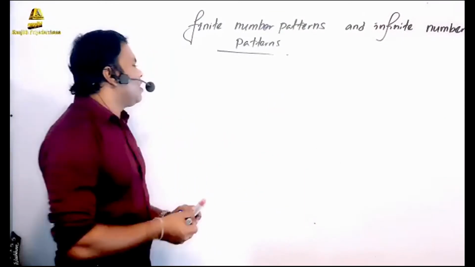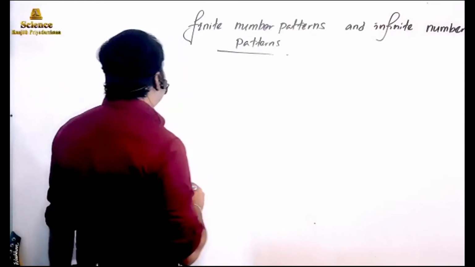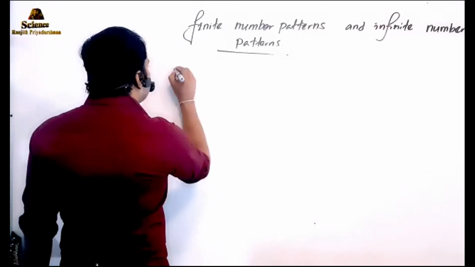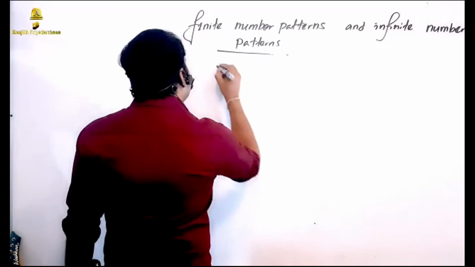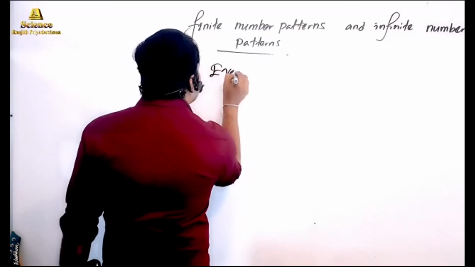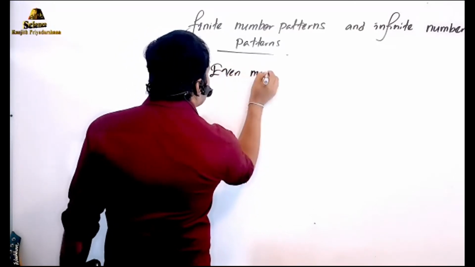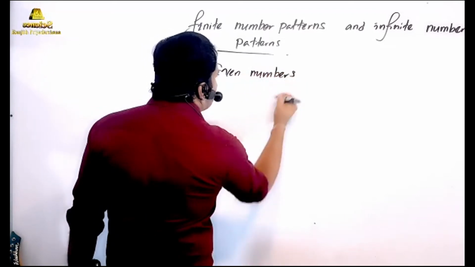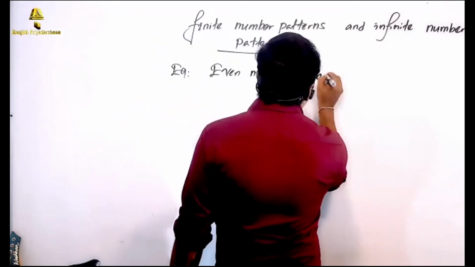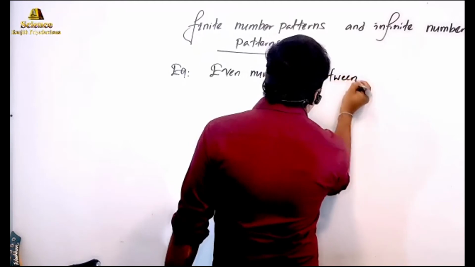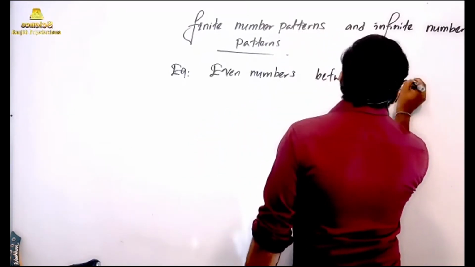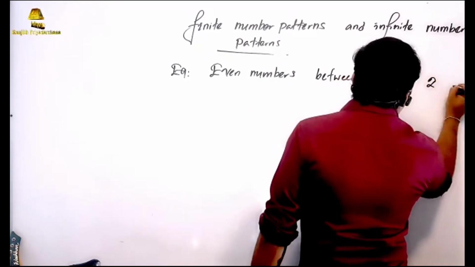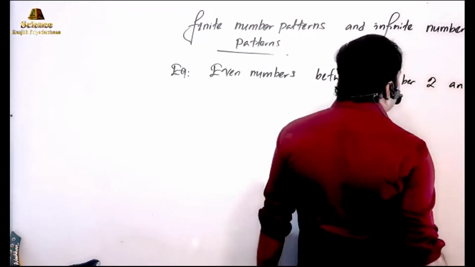Okay, if we can write the exact number of terms in a particular number pattern, for example, even numbers between 2 and 12.